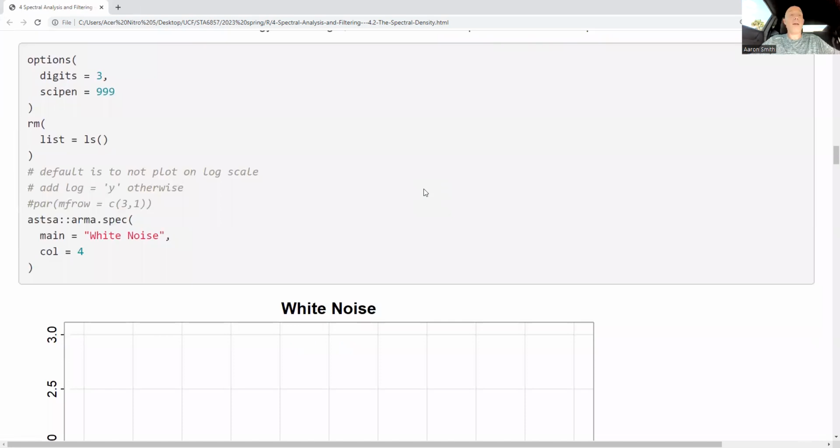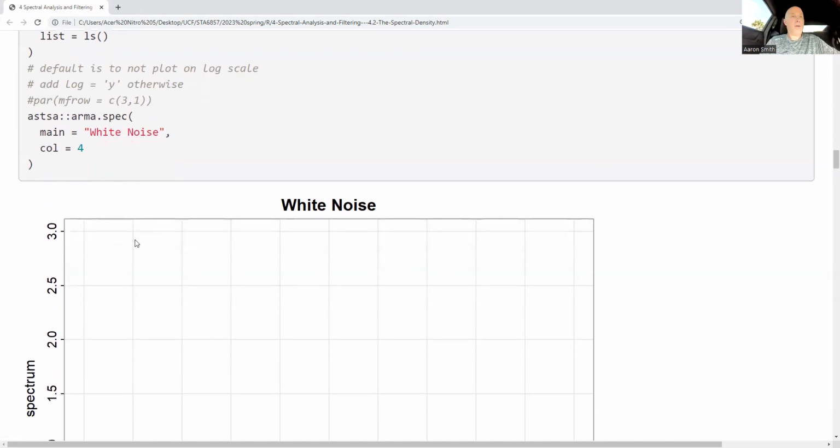All right, so let's go ahead and take a look at this. I'm going to just plot the ARMA spectral density function, which is in the ASTSA package. As a default, it sets it up so that the polynomial for my autoregressive portion and the polynomial for my moving average portion of the model are both 1.